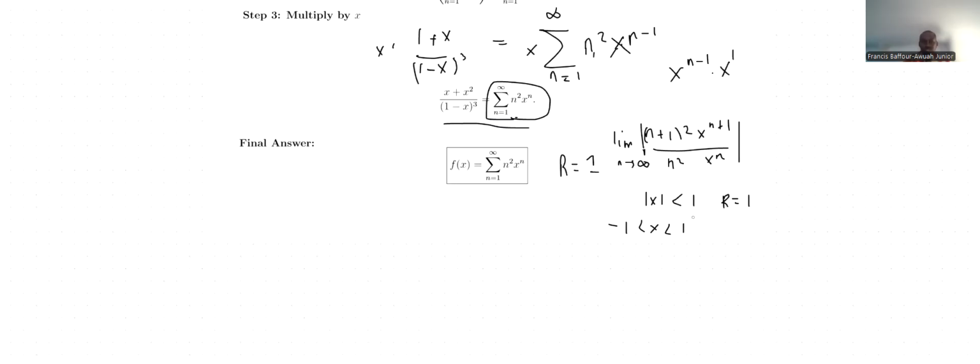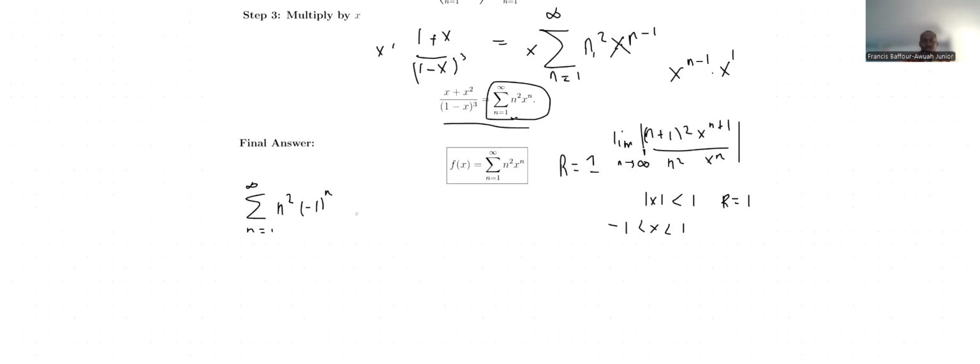When we take x equals -1 and put it here, we end up with the sum from n equals 1 to infinity of n squared times -1 to the power n.